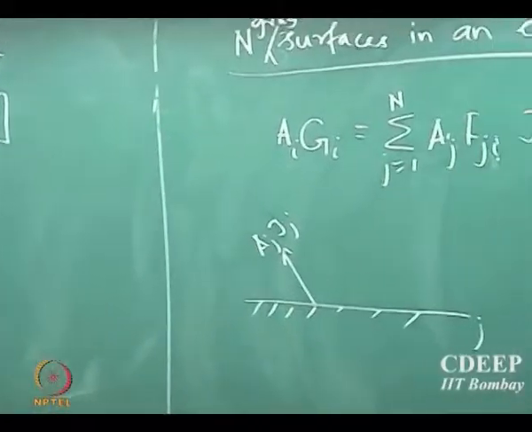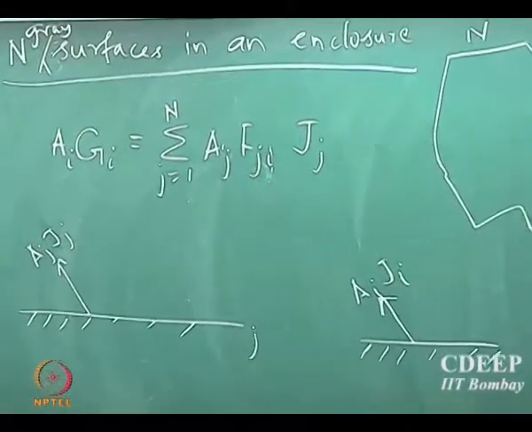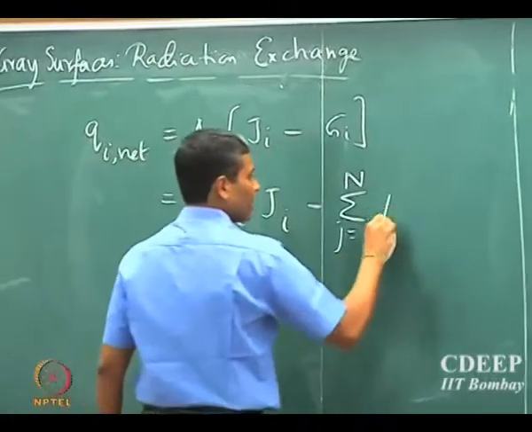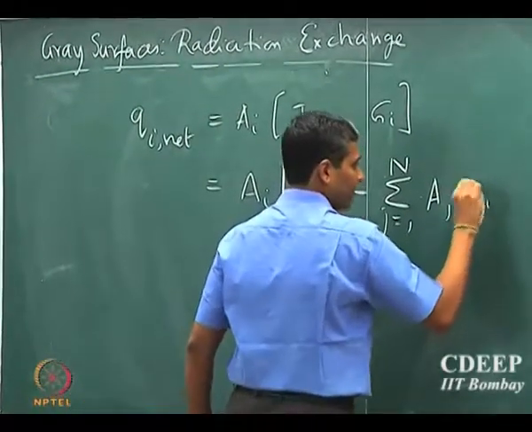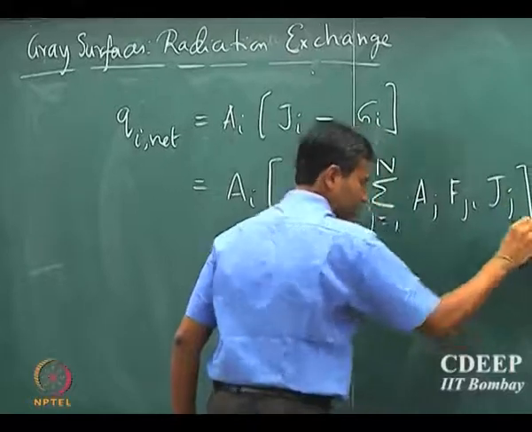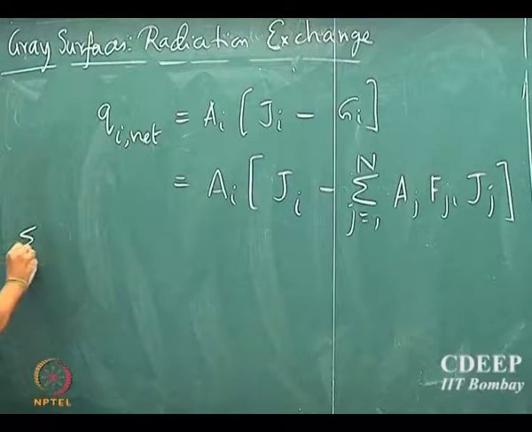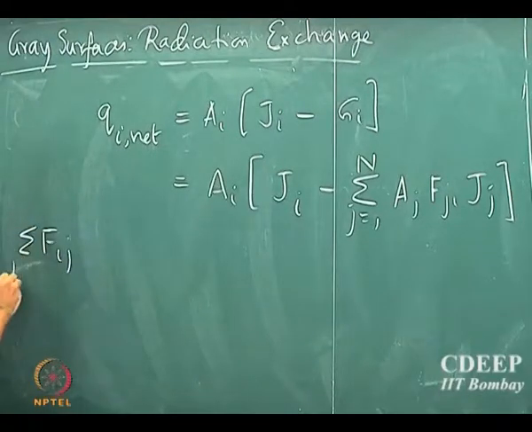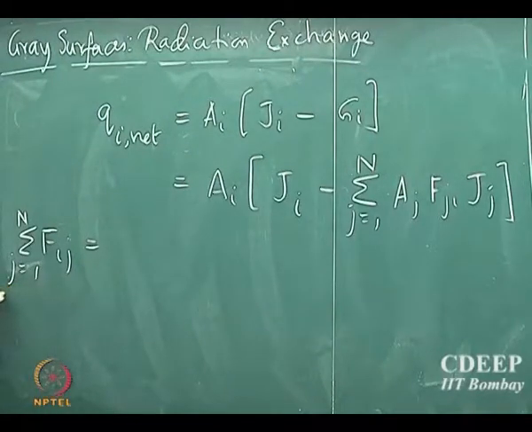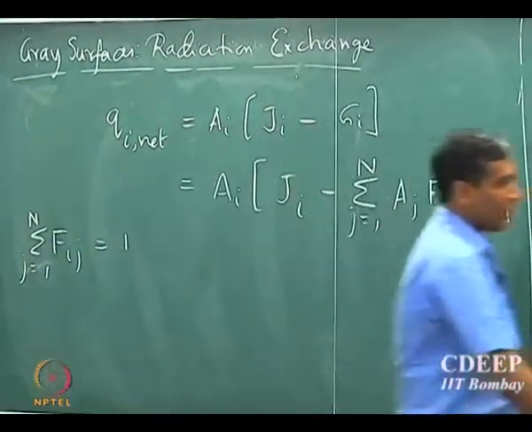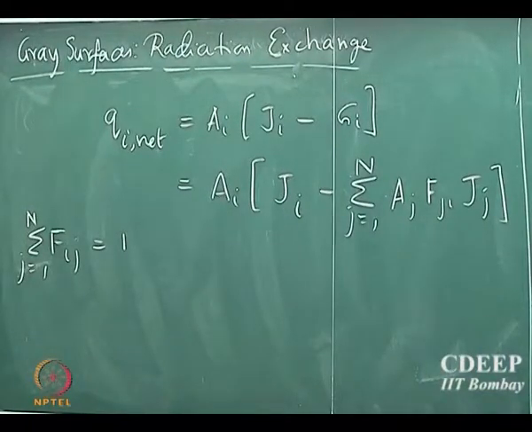So that will be Ai into Ji minus the sum over j equal to 1 to n of Aj Fji into Jj, okay. So now we know that the sum over j of Fij is, what's this expression? The sum of all the view factors is 1, right. So that's a conservation property. So if that's equal to 1, now I can throw in that expression here.